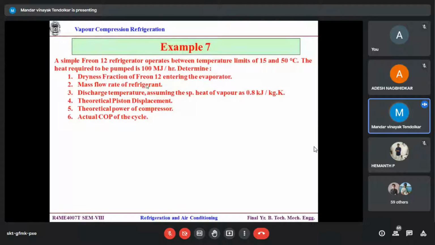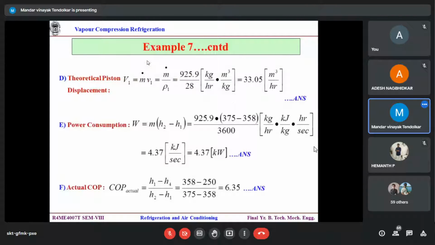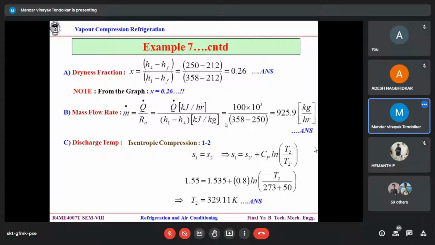What next? The task is the mass flow rate of the refrigerant. How would you find it? Now this comes into the picture. Mass flow rate is the refrigeration effect, meaning total, divided by the specific one.